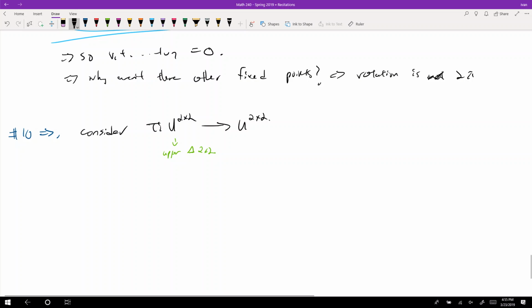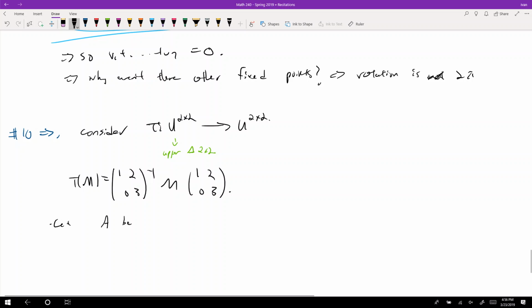T of M is equal to the inverse of [1, 2; 0, 3] times M times [1, 2; 0, 3]. Let A be the C matrix of T, which is really T_CC.